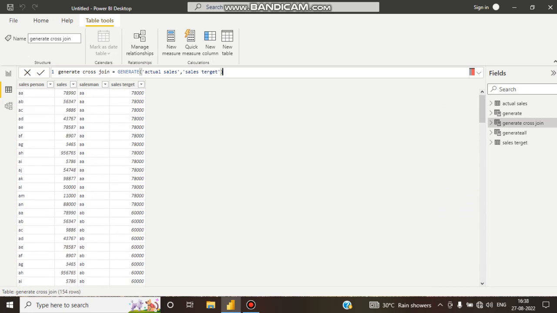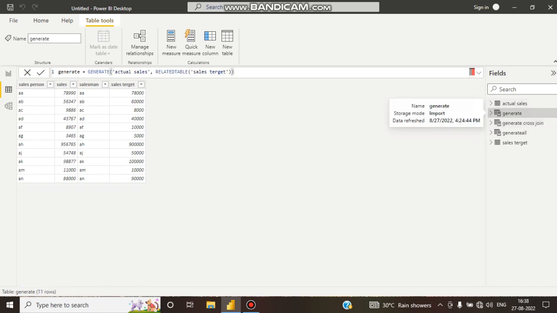Then we want to know how to do an inner join via the GENERATE function. Here I have used the GENERATE function with Actual Sales and RELATEDTABLE with Sales Target. What does RELATEDTABLE do? RELATEDTABLE picks the related columns, the related data, from another table.